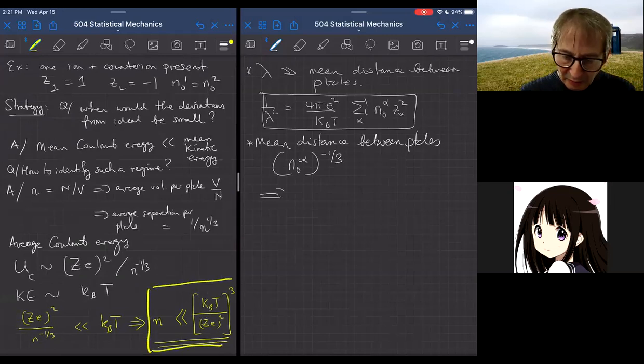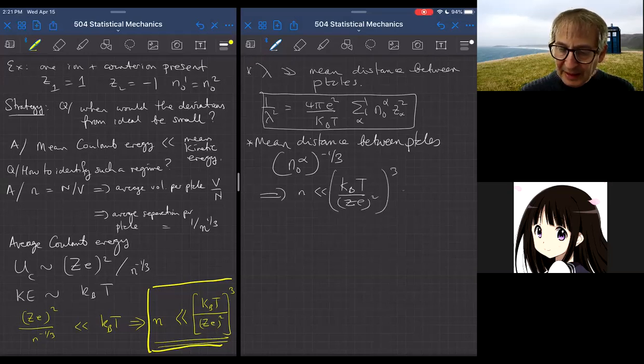So this gives you that indeed n is much less than kBT over z e squared, cubed. And so in other words, our assumption about when this theory applies is self-consistent.